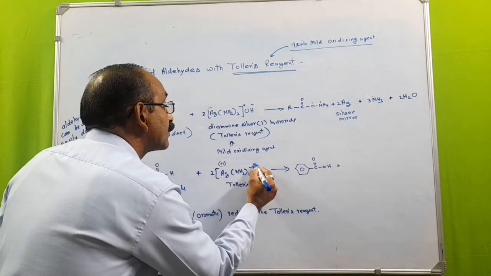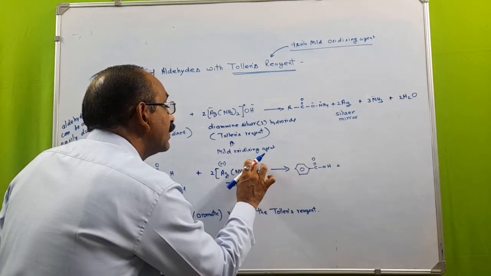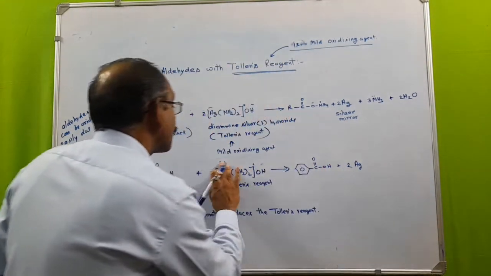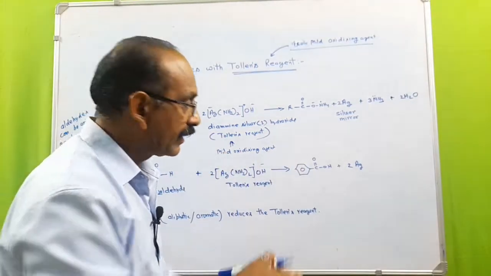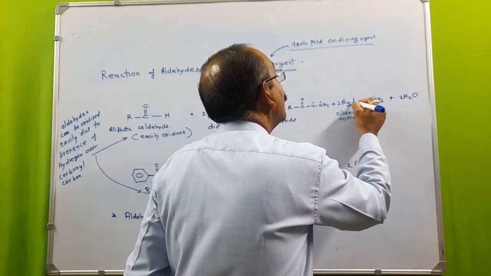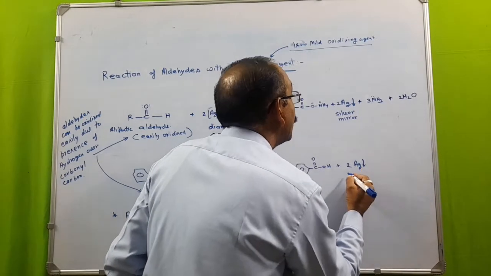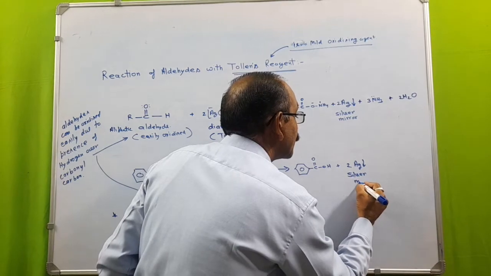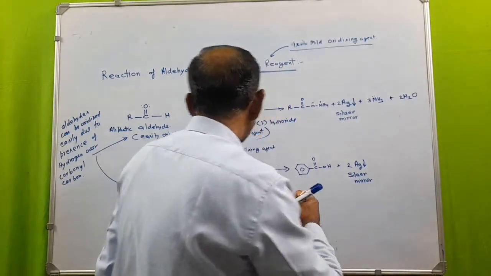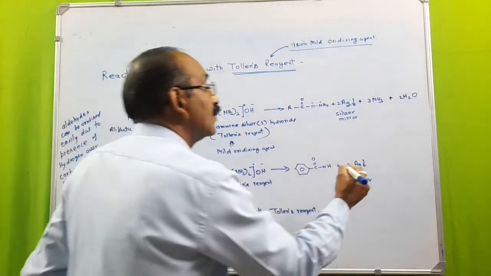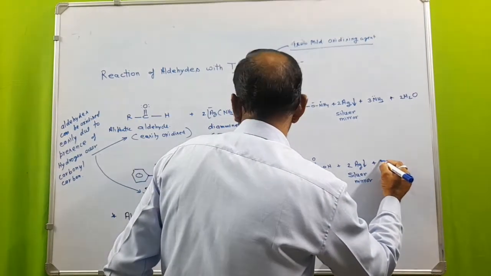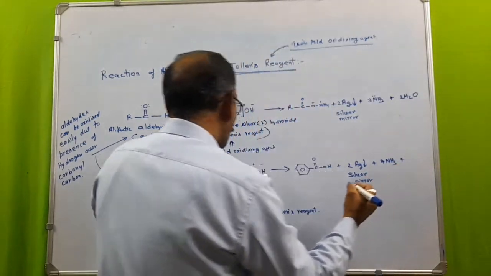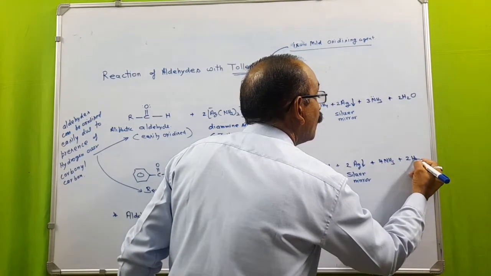Now this +1 oxidation state will be reduced, and it will come in the form of silver and deposit over the inner wall of the test tube and shine like a mirror. So this one is called silver mirror. Now these ammonia molecules will be set free and the OH comes out in the form of water.